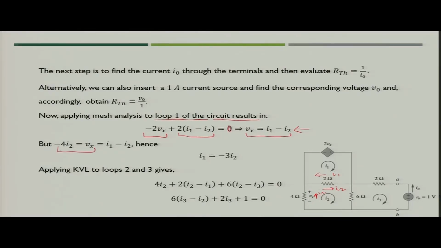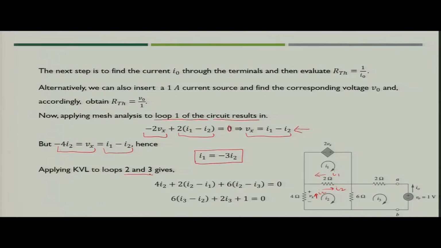You can simply say Vx is nothing but minus of 4 I2. Now, you know that Vx is equal to I1 minus I2. So, in that case you can simplify and you will get the value of I1 as minus of 3 I2. Next, what we have to do?